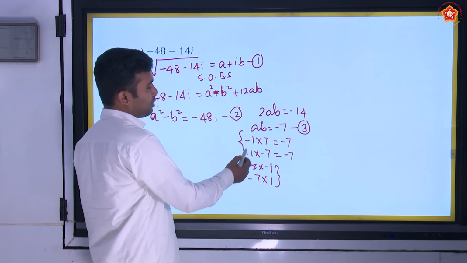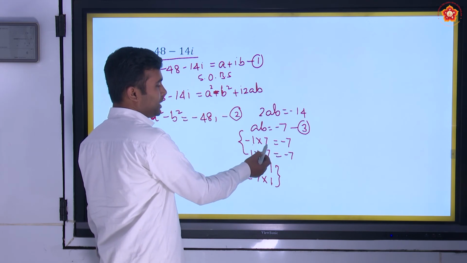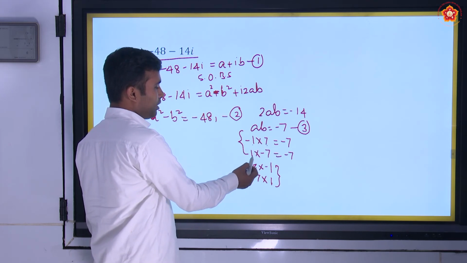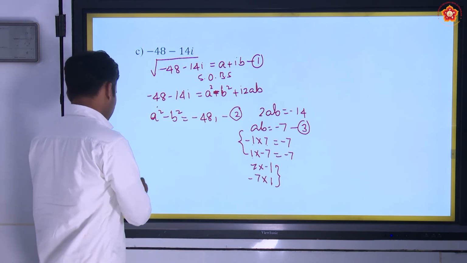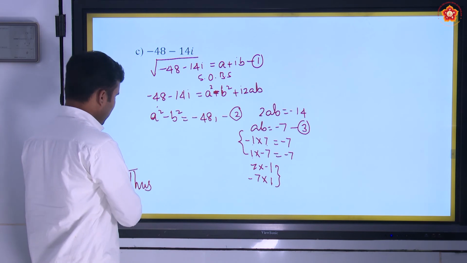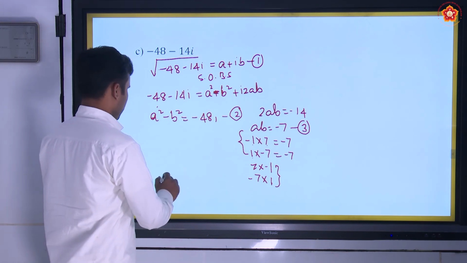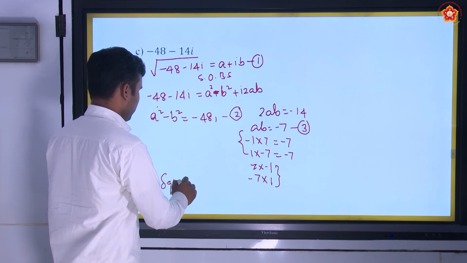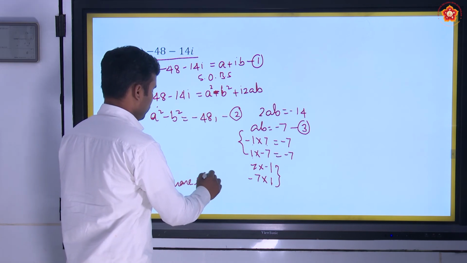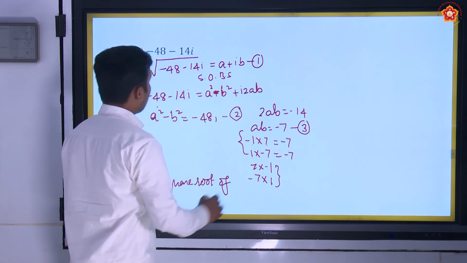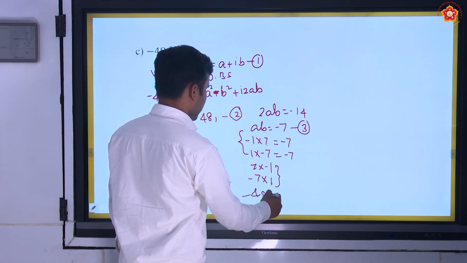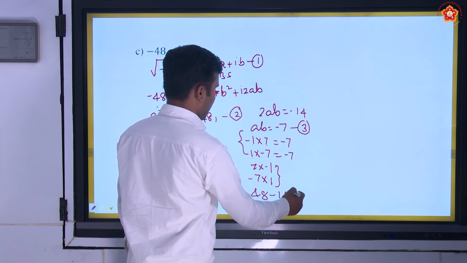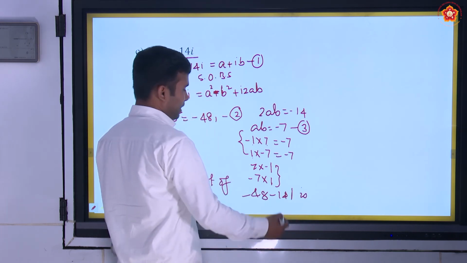Rather we have to take this combination. So now here A is minus 1 and B is 7, and another value is A is 1 and B is minus 7. Thus we can write, thus the square root of minus 48 minus 14i is, what is that?